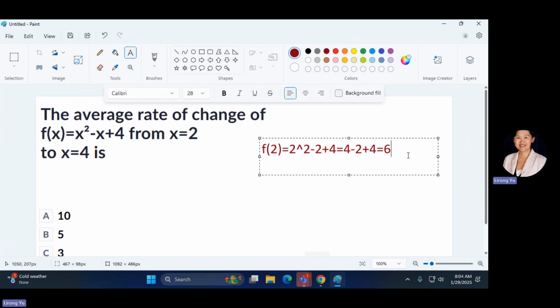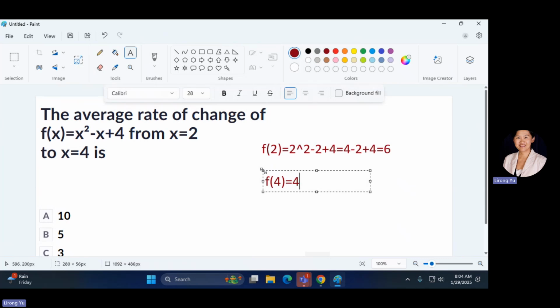We do the same for f of 4, which will be calculated with 4 replacing the x. f of x allows us to calculate the y value for any x. So f of 4 allows you to calculate the y value when x equals 4. So you plug in 4.